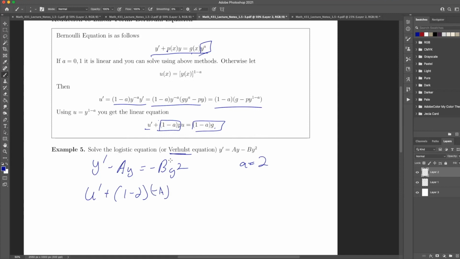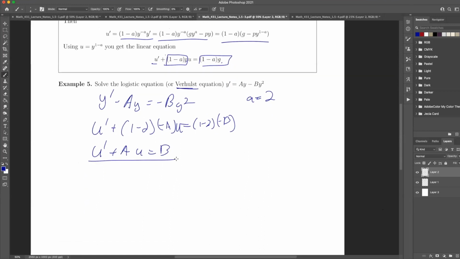So (1 minus 2) p, which is minus a, equals (1 minus 2) g, which in this case is minus b, and here I put a u. And we're just going to solve this. If I simplify, this is just negative 1 times 1, so this is plus a u equal to b. So here I just have this very simple equation. This is now linear.